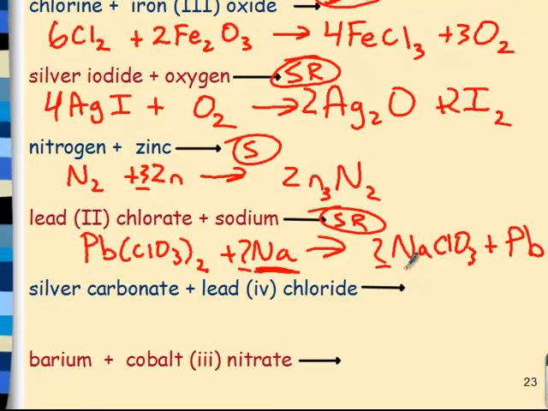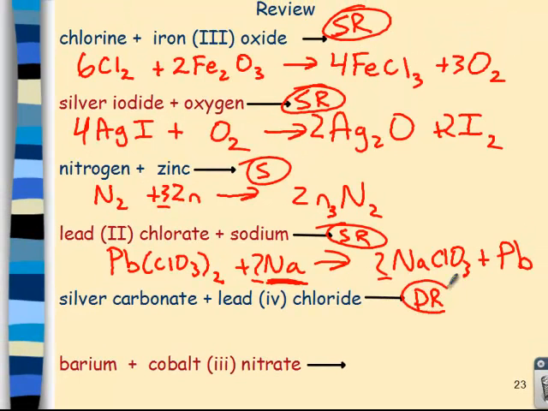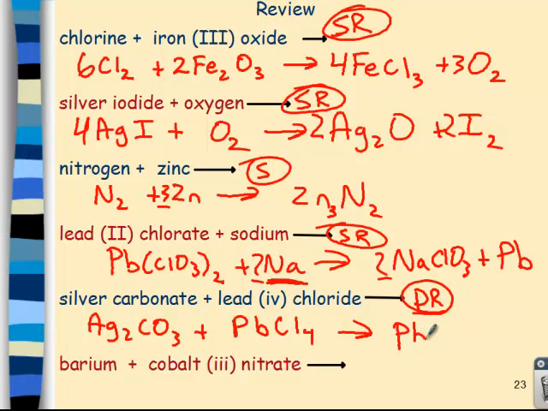The next one, this would be a double replacement reaction where we have a positive, negative, silver carbonate plus lead-4 chloride yields. You're going to get lead carbonate. I'll do those in a second. Silver chloride. +1, -1, but this is +4, minus 2.